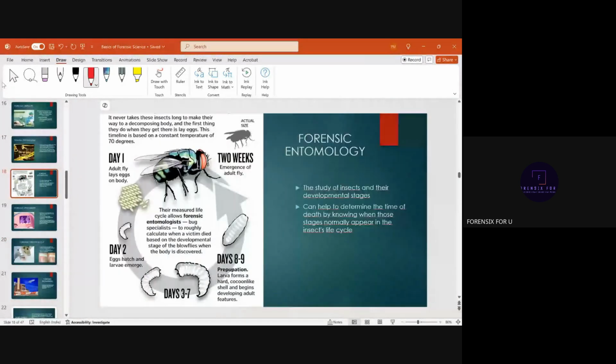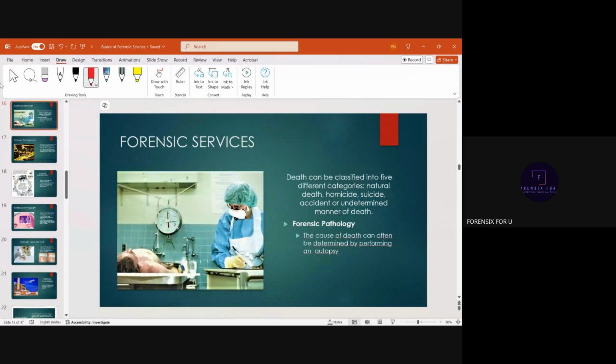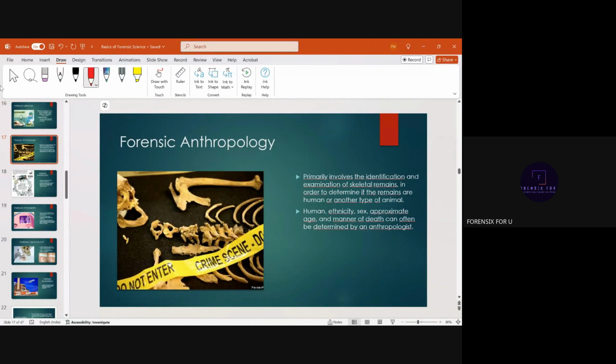So we have forensic entomology nowadays. Anthropology is there, where we are dealing with the bones: identification of the gender of the bones, ethnicity, race, and the age of the person to whom these bones belong.